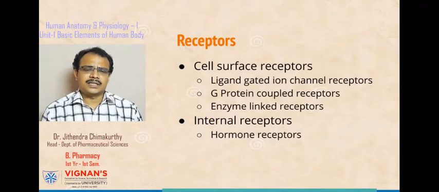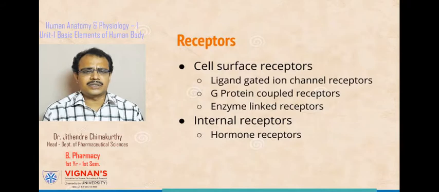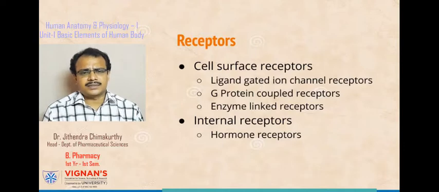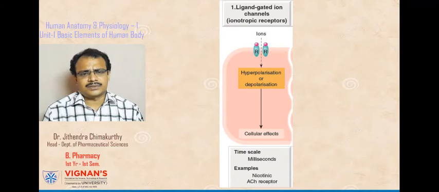The first 3 types of receptors are cell surface receptors. It means they are present on the plasma membrane. They are ligand gated ion channel receptors, G protein coupled receptors, and enzyme linked receptors. Whereas the 4th type is intracellular receptors.